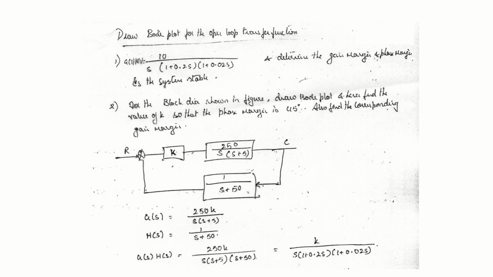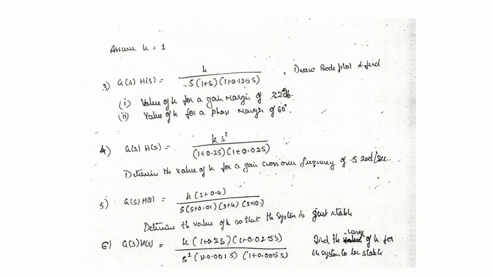Okay, draw the Bode plot for the loop transfer function like this. Or they will give a problem like this. G of s this way, h of s this way, you multiply G of s and H of s and you'll get this. But bring it down to Bode form. You take out 5 from here, you take out 50 from here, then you will get Bode form.